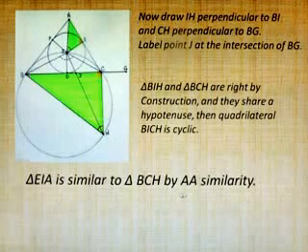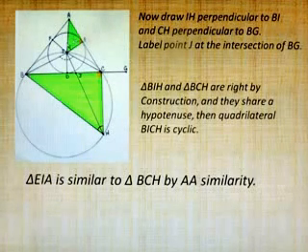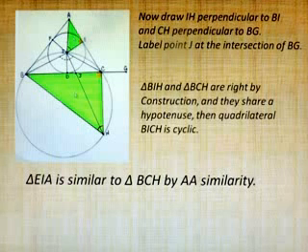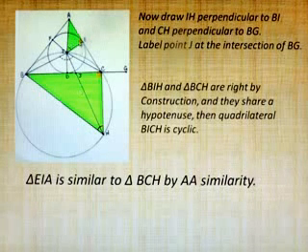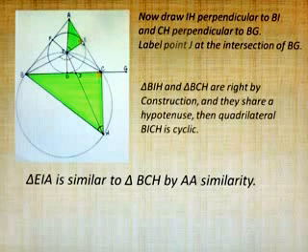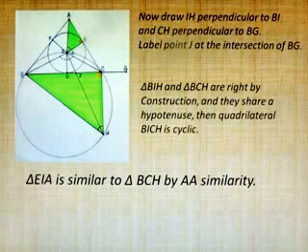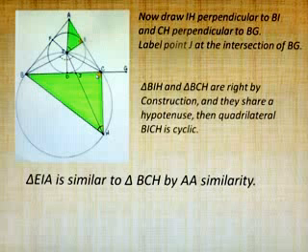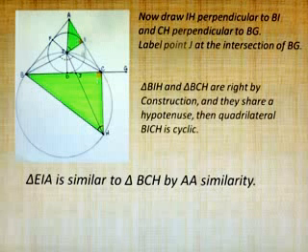That's really important because it allows us to define similar triangles within this construction. So what we need to do is prove two of these angles are congruent. We know that angle AEI is a right angle by construction, and we just said that BCI is right by construction, so we know they share congruent angles here.